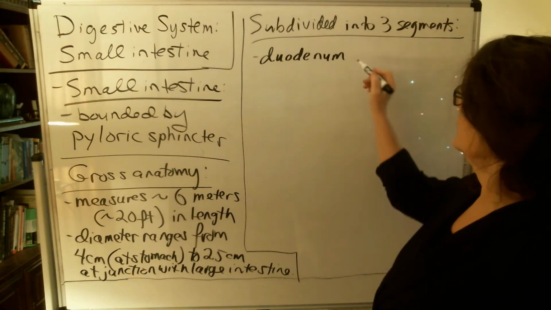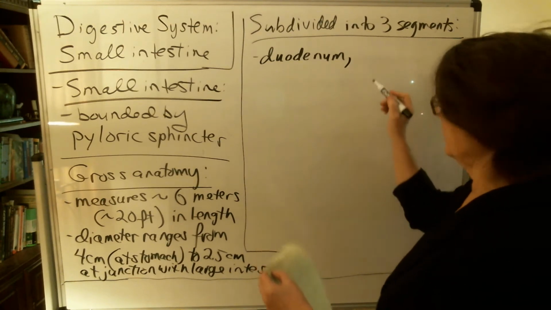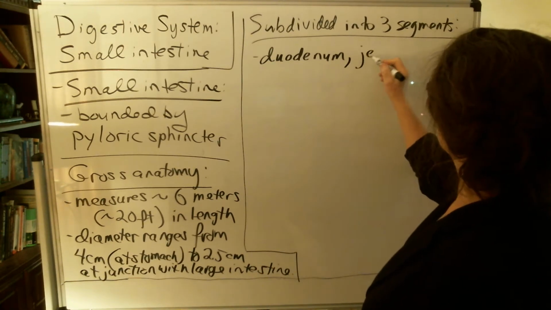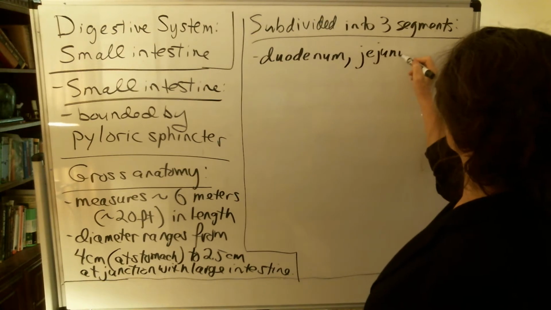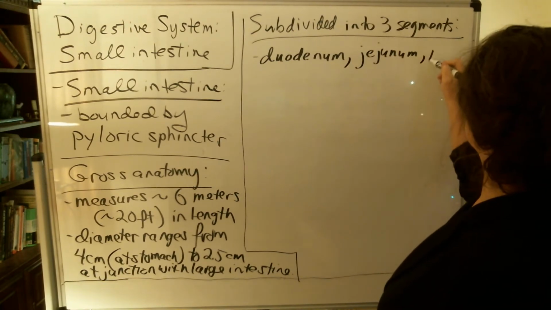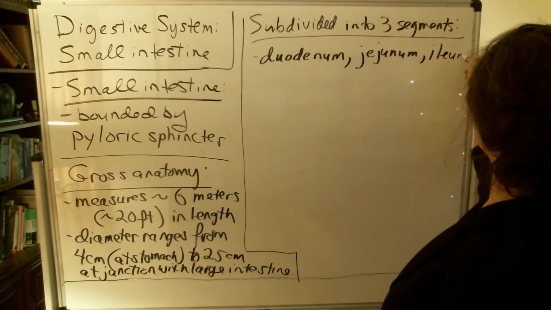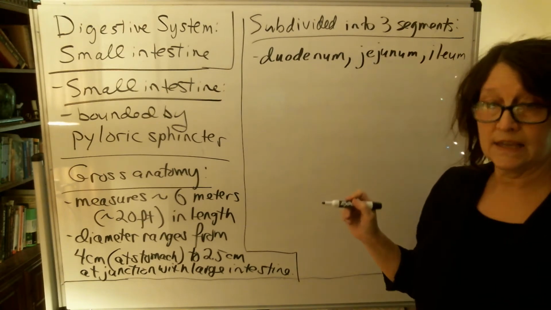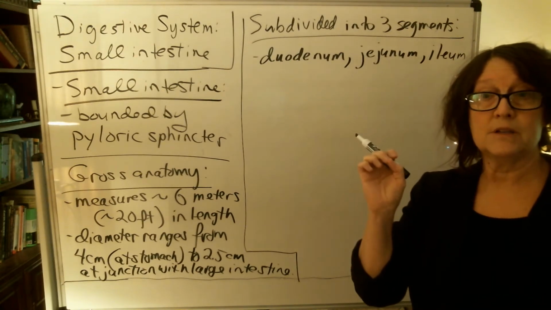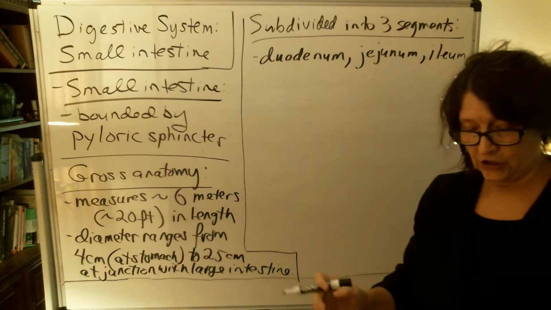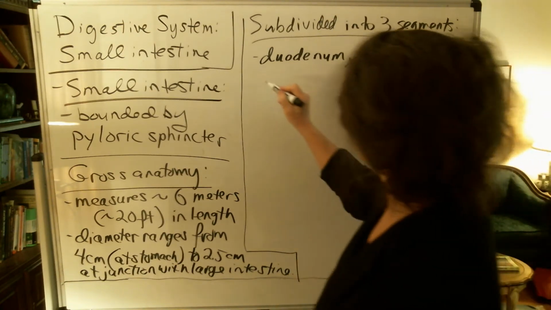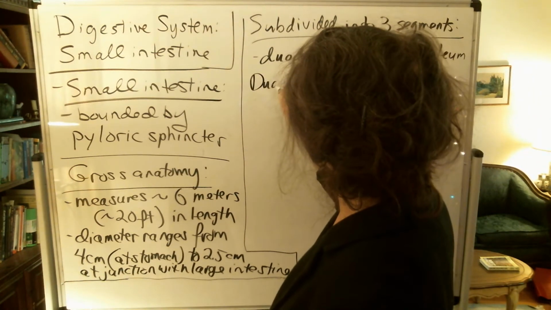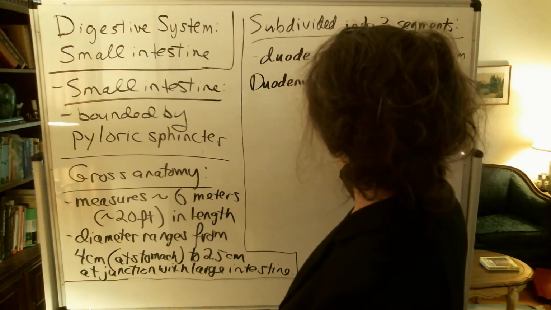The next is the jejunum, the middle section, and then finally the last section is known as the ileum. The ileum is what has the boundary with the large intestine. So we're going to start just by talking about the duodenum.